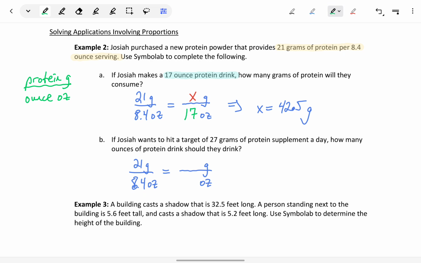We need to fill in the information that we're given, which in this case is a target of 27 grams of protein. Meaning 27 is what will go in the numerator, and in the denominator, we'll put in an X for that missing piece of information. How many ounces of protein drink should they drink to hit that target value?